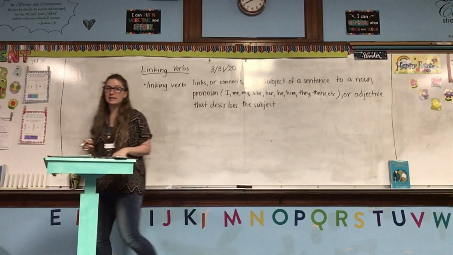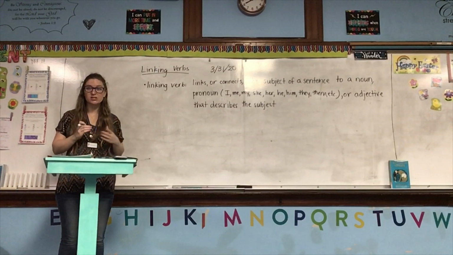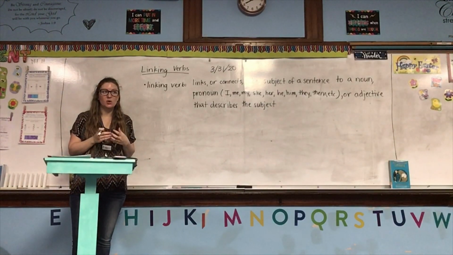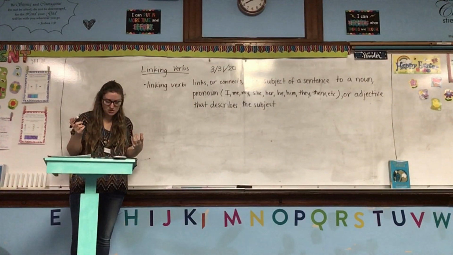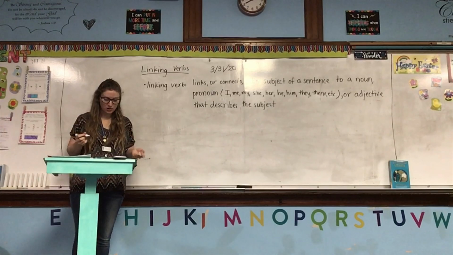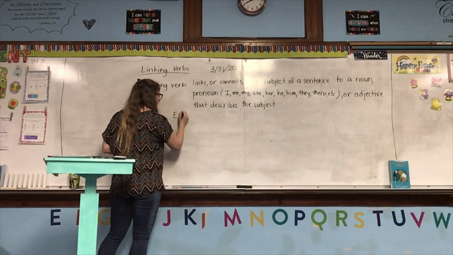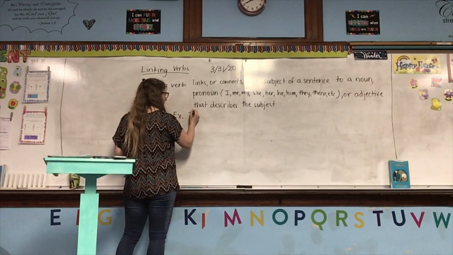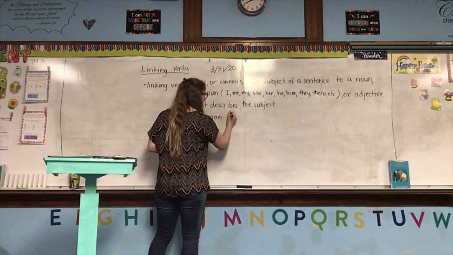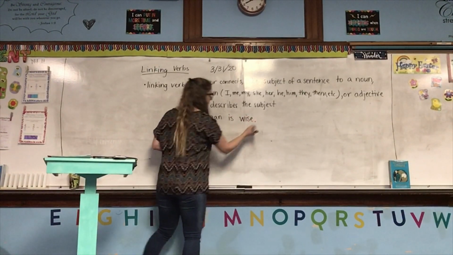Okay, so a linking verb links the subject of the sentence, the person or thing that the sentence is about, to another noun, a pronoun, or an adjective that describes that subject. So, for example, the man is wise.